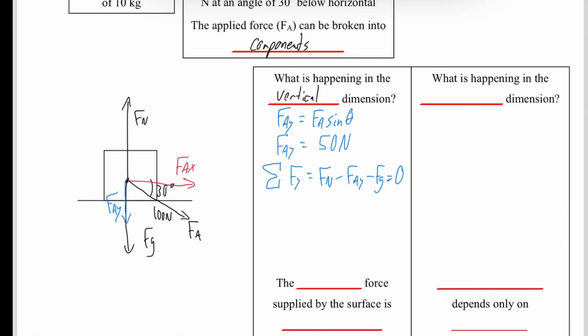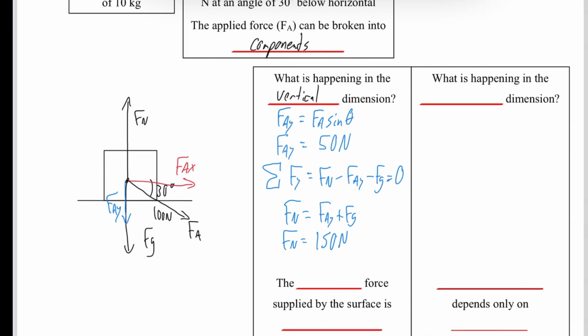We get that the normal force is going to be equal to FAY plus FG. Then we can plug in our values, where the force of gravity is going to be about 100 newtons, and our applied Y force will be 50 newtons. So we can find that the normal force will be 150 newtons.